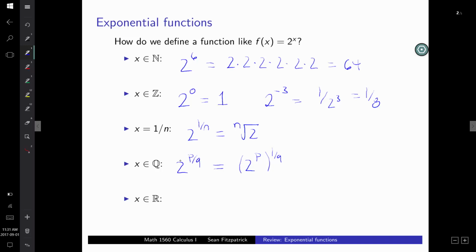So you take 2 to the power p, as we did in the first case, and then you take the qth root. Or you could do it the other way around: you could think of it as doing 1 over q and then p, in which case you would first do the qth root of 2, and then raise that to the pth power. And of course, these two quantities are equal.